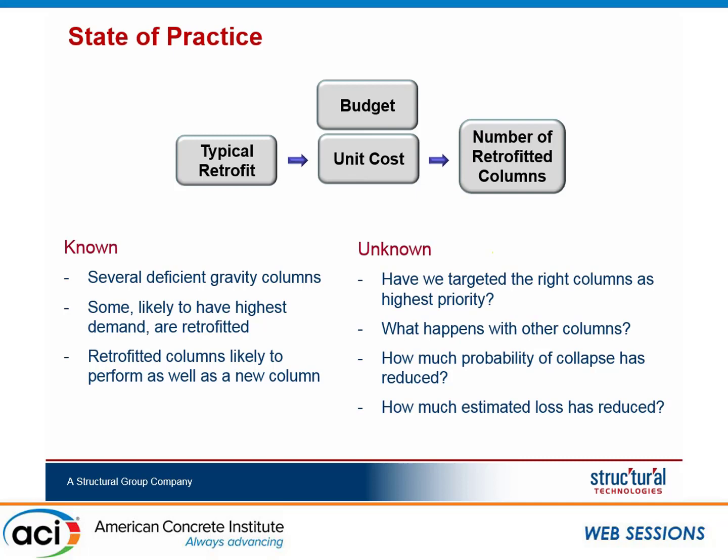We didn't know if we are using the budget in an optimum way. There was no way that we evaluate the design. And also the loss estimator didn't have a way to connect what is happening inside these buildings to his calculations to reduce the PML.